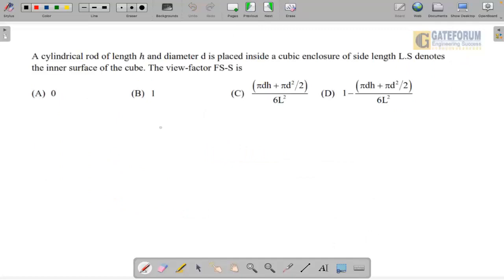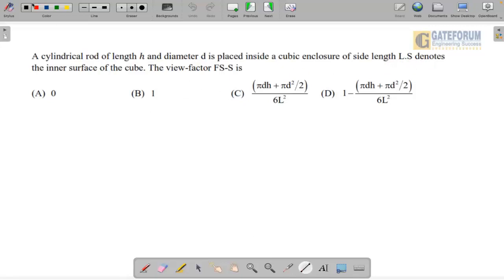Again, it is a very beautiful problem, guys. See, a cylindrical rod of length h and diameter d is placed inside a cube of side length L. S denotes the inner surface area of the cube. No problem.